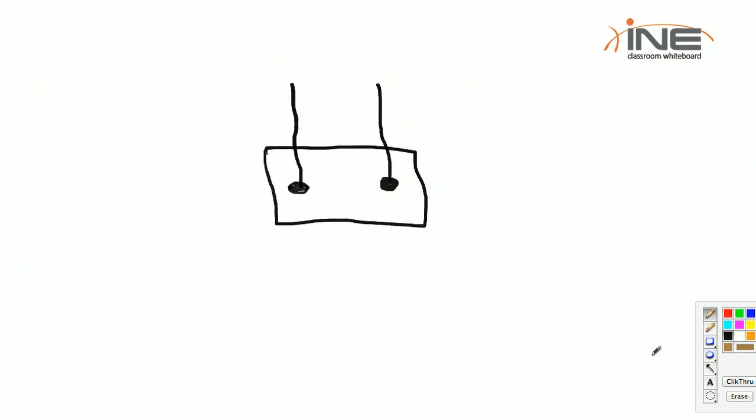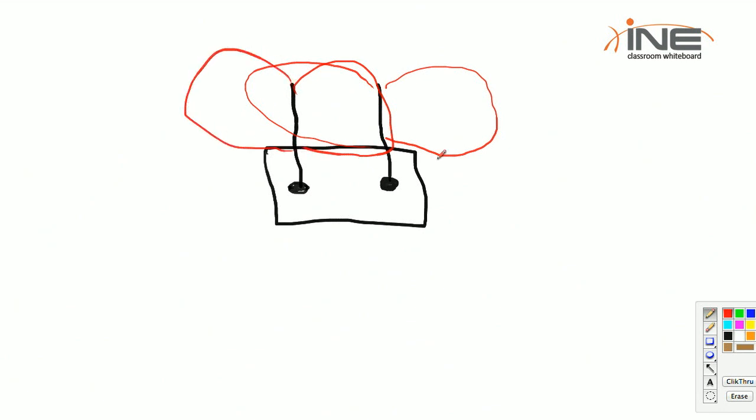And if you remember their E-plane radiation pattern, it was basically something like this for a dipole. Okay, so they were each sending out their radiation patterns.